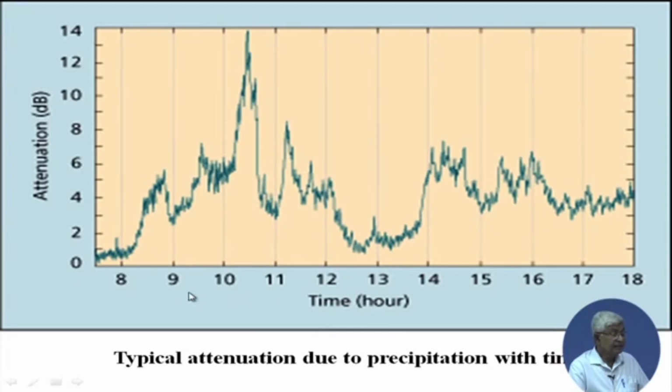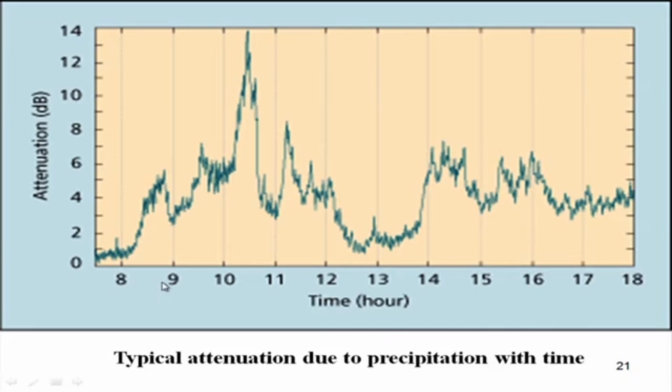This scintillation is very fast, so you can see the times are shown in hours here, and you can see the attenuation is fluctuating, sometimes very high, again low, high, low. This is very important because, though we see availability of the signal over the year, which we can guarantee, we have to see the effect on the signal in a very short period of time, that is a few seconds.